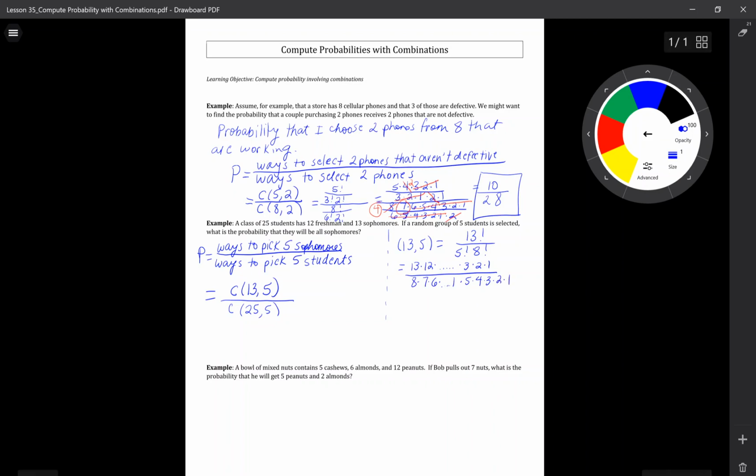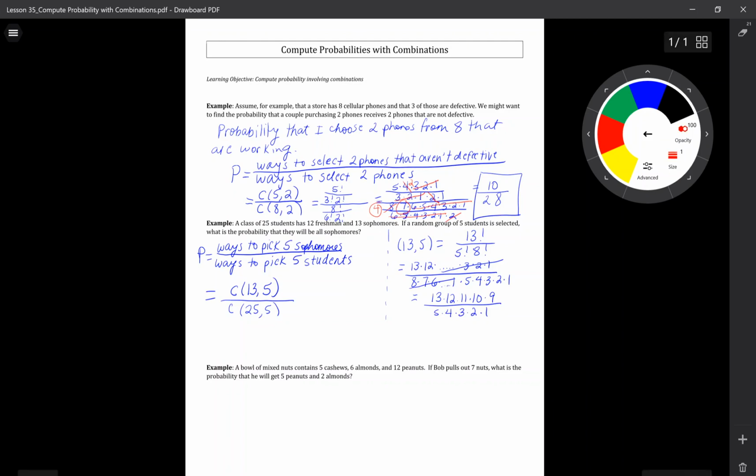Okay, well, if we can imagine, I didn't write all the numbers out because there were a lot, but I can cancel the 8, 7, 6, 5, 4, 3, 2, 1. And I'll be left with 13 times 12 times 11 times 10 times 9 over 5 times 4 times 3 times 2 times 1.